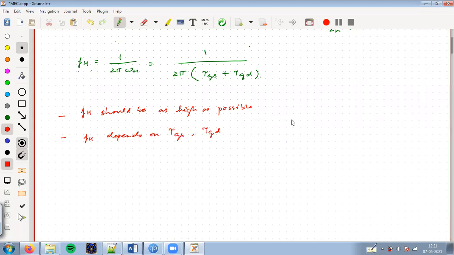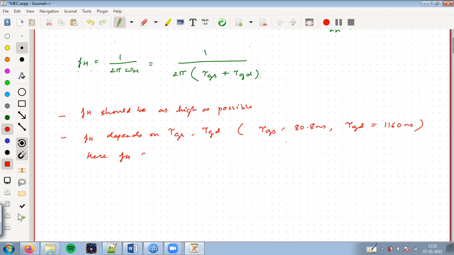If I remember correctly, tau gs we found to be 80.8 nanoseconds, and tau gd to be somewhere around 1160 nanoseconds. If I substitute these values in fh, I got the fh value as somewhere around 128.3 kilohertz.